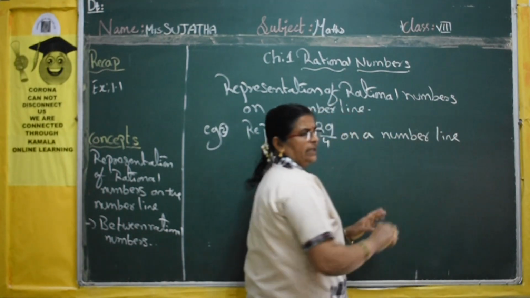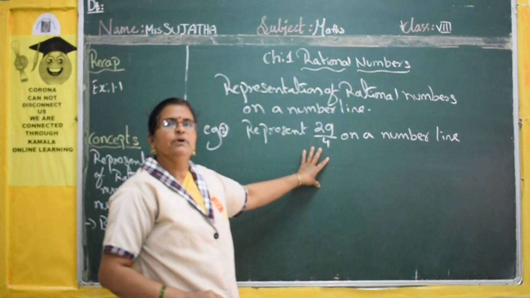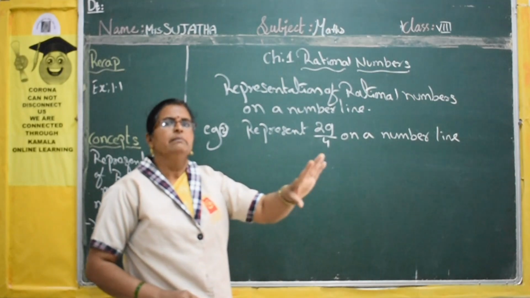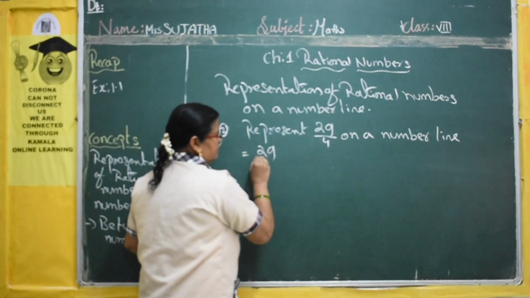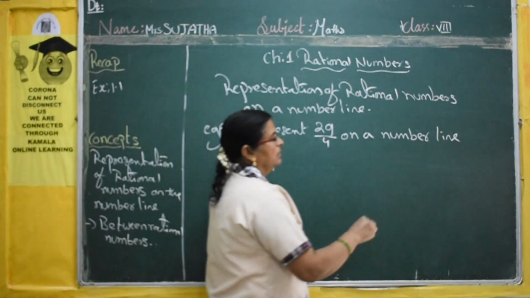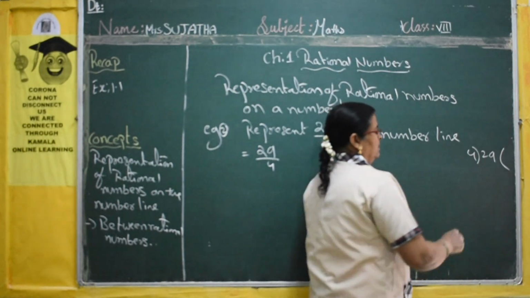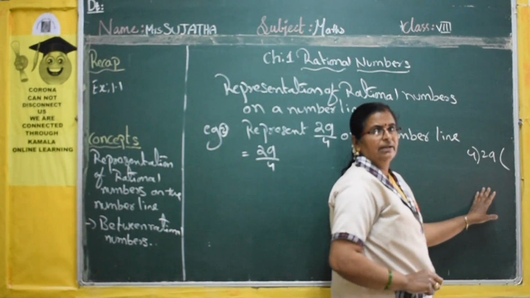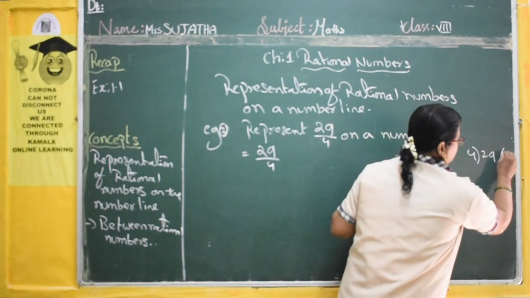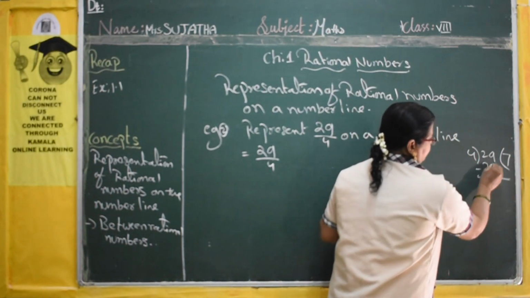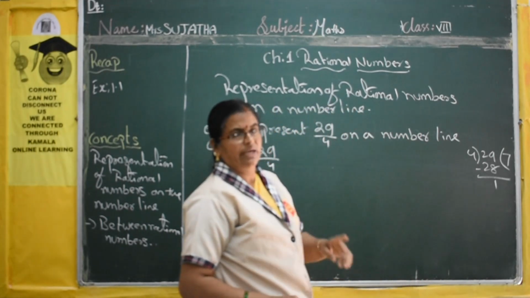Here I am taking only one fraction, and that is also improper. An improper fraction can be expressed as a mixed fraction. So what is the value of 29 by 4? Divide 29 by 4. In the 4 table, how many times will 29 come? 4 sevens are 28. 29 minus 28 is 1.